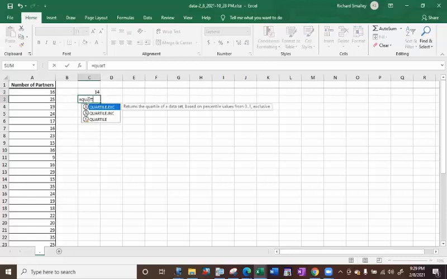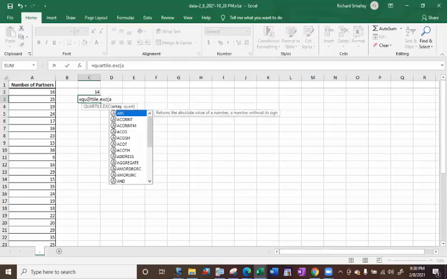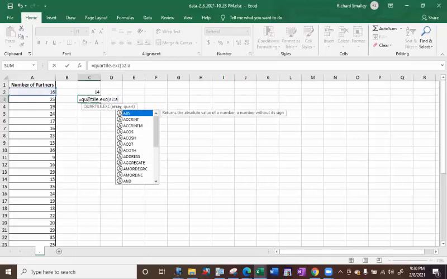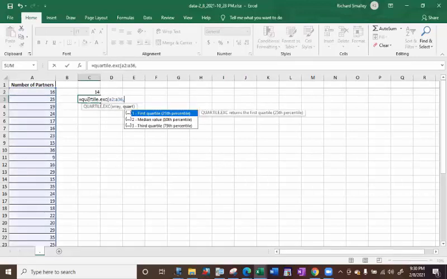I did not protect the cells. A2, A36. Oh, yeah, okay, now it's telling us right there. So quartile 3.